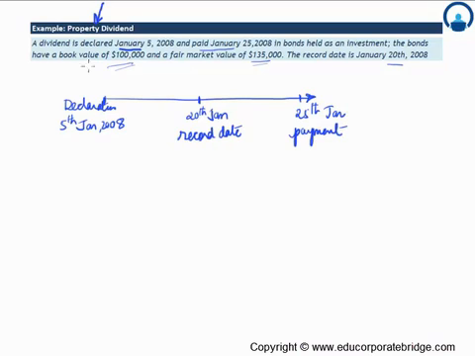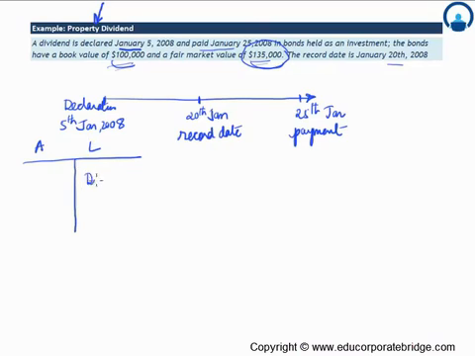Now when we are talking about dividends in the form of bonds, you'll note that this has a book value and also a fair market value. The dividends have been declared and their fair market value is $135,000. So this is the amount of dividend that is going to be paid to the shareholders. What is going to happen on the asset and liability side on 5th of January?